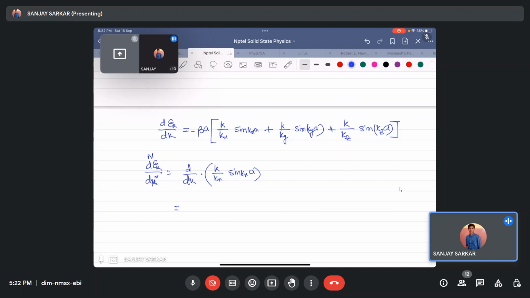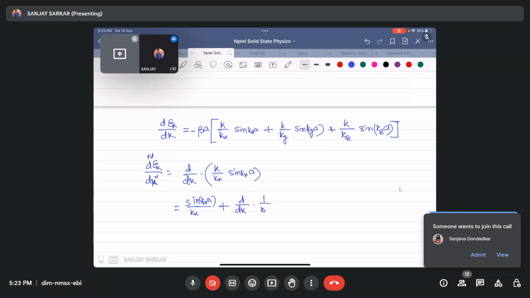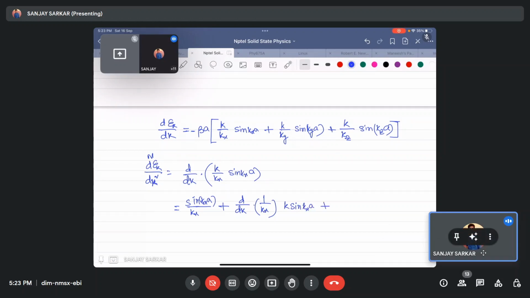The first is sine kxa by kx, plus d dk of 1 by kx into k sine kxa, and ultimately k by kx d dk of sine kxa.